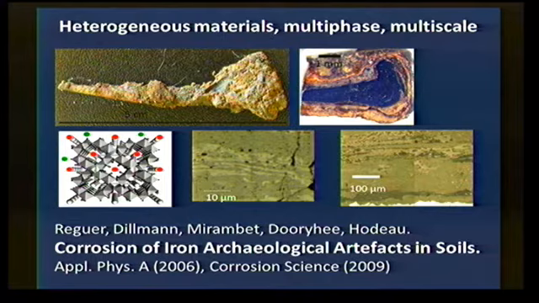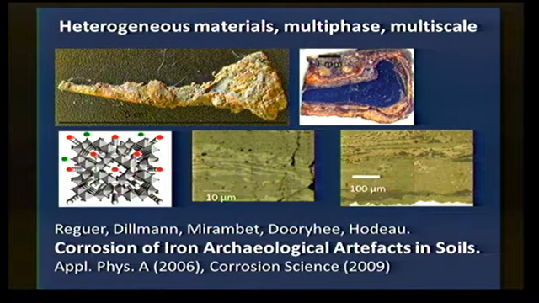So this is work we did on a phase. We wanted to find out what was the phase, what was the structure of the phase. Interestingly, if you remove the soil and the nail is back in air, some of those phases are very unstable. They decompose as soon as they are back in air. So we have to do this analysis in vivo to make sure that we have all the phases without destroying the stratigraphy.